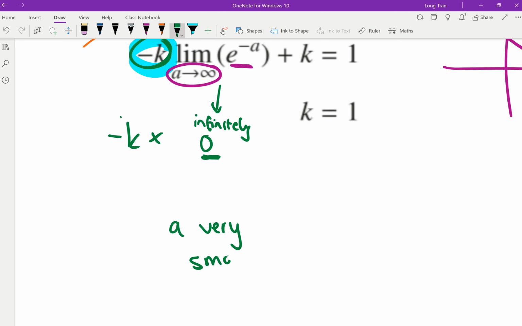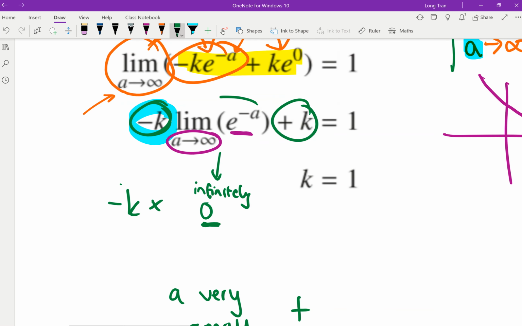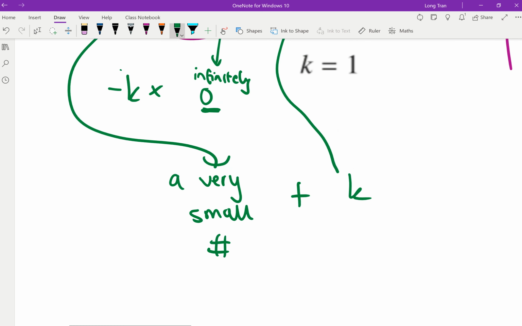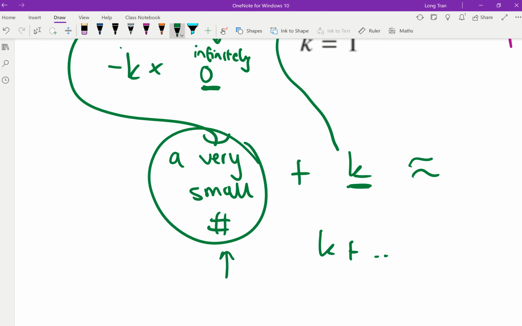close to 0, plus k, because that's the next part, right? So we know that this gets very small, and you multiply it to a number, it gets overall very small, and then you're adding k. What is that overall answer approximately? Well, a very small number added on to k means there's an insignificant added value to it, because it's just like k plus a very, very small number, and you might as well say it's approximately k.